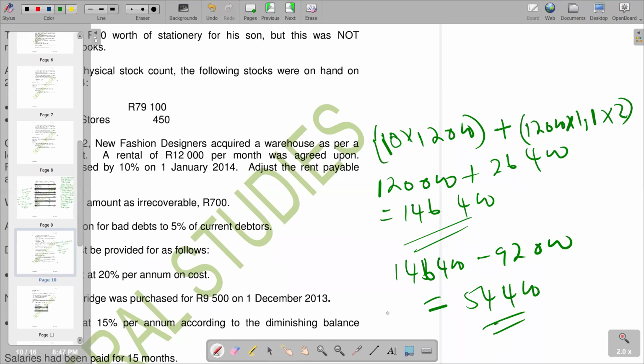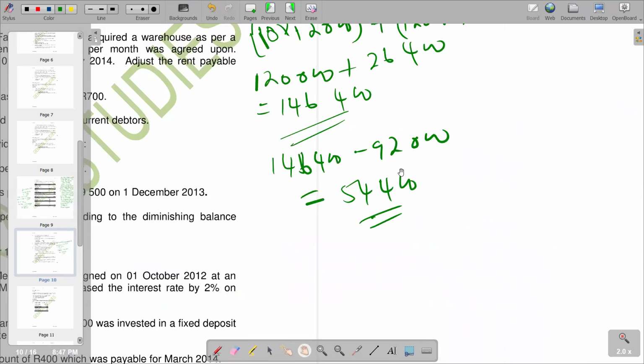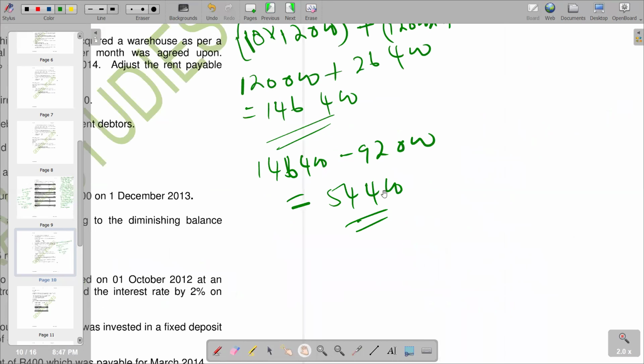So if you go to our instruction that is there, it is saying adjust the rent payable accordingly, which means you have to show the outstanding rent in brackets in the calculation part, whereby we are going to indicate it as 92,000 what was paid plus 54,400. You get the rent for the period, which is 146,400.